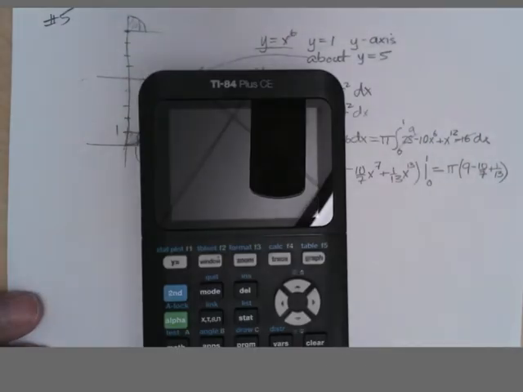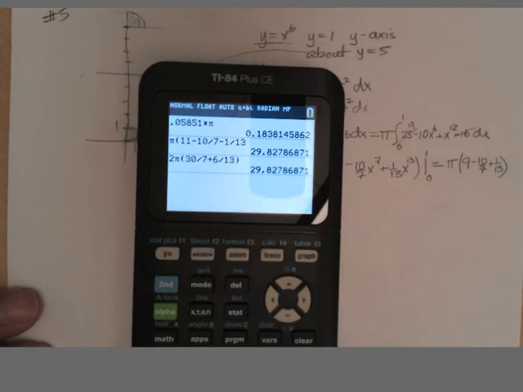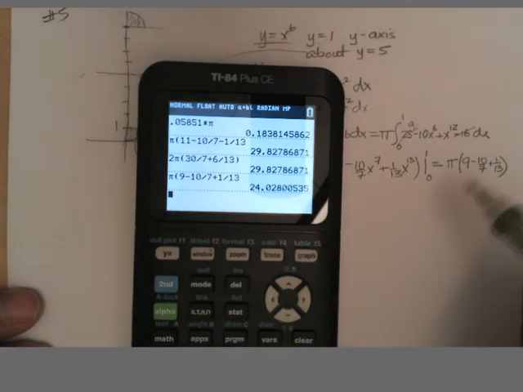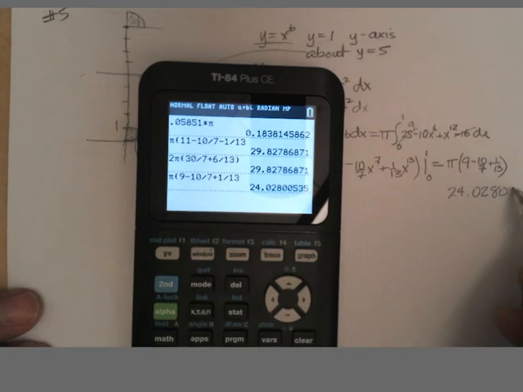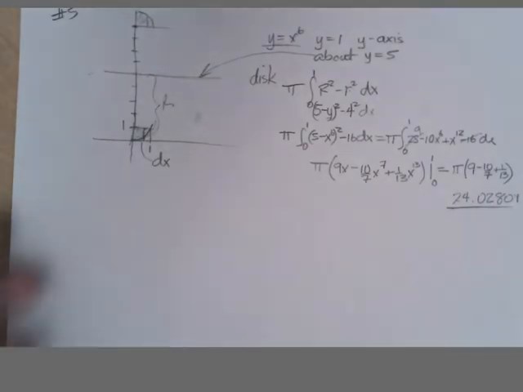Let's see what that works out to be. Pi times the quantity 9 minus 10 divided by 7 plus 1 divided by 13, and I get 24.0280001. Okay.